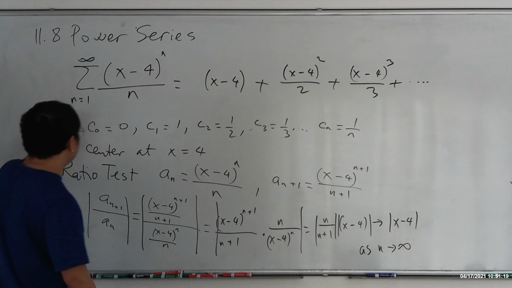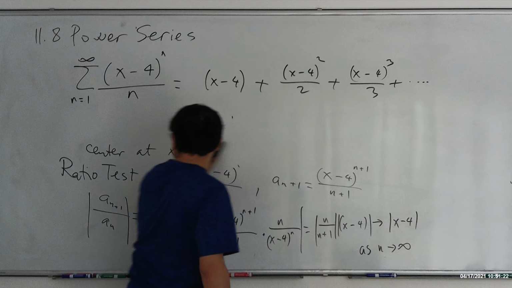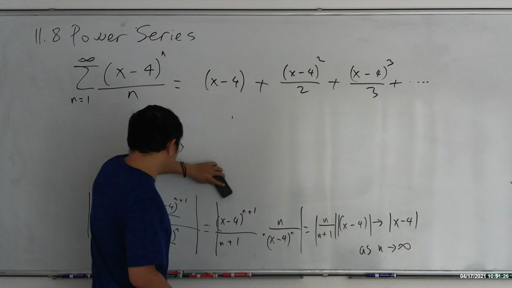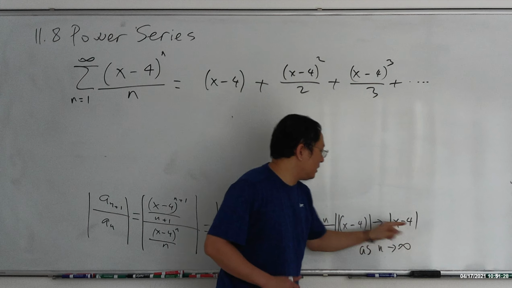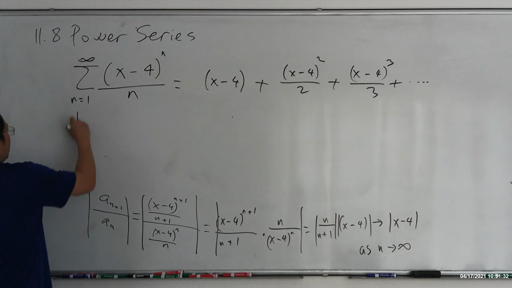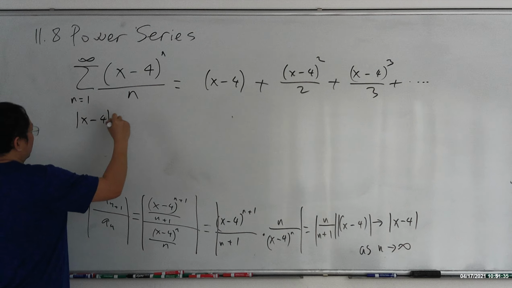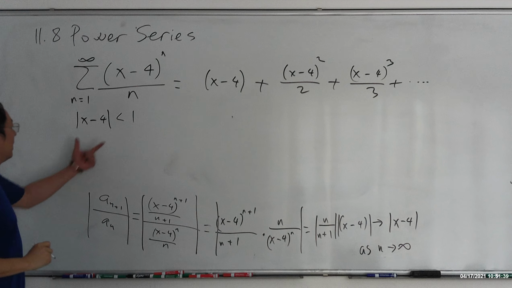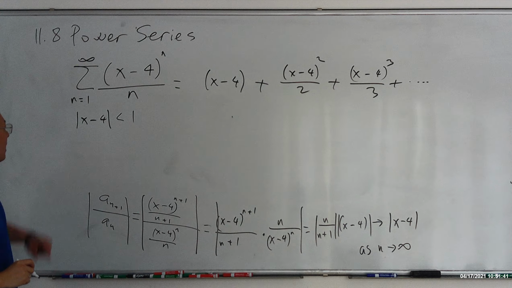The limit right here is equal to the absolute value of x minus 4. First case: if the absolute value of x minus 4 is less than 1, what do we mean by that?